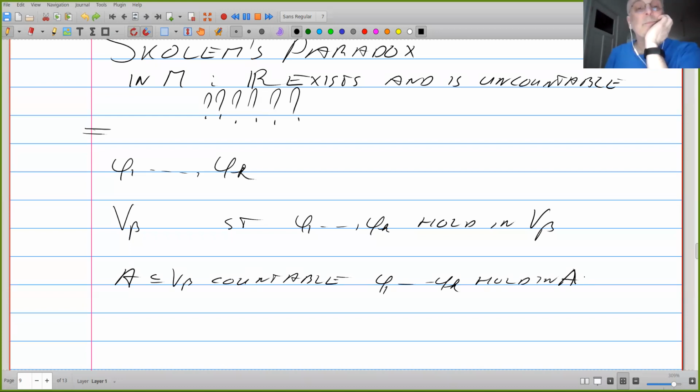Then we found a countable subset for which those formulas were absolute.